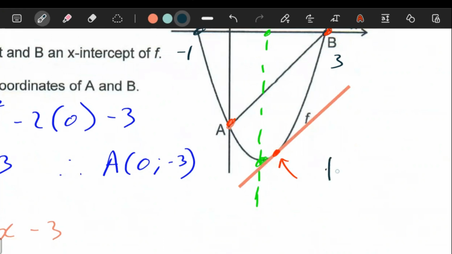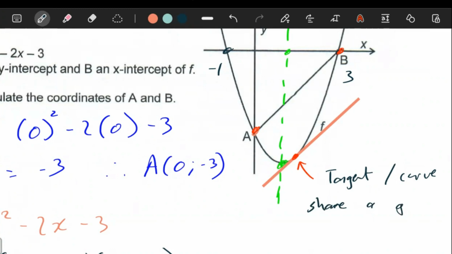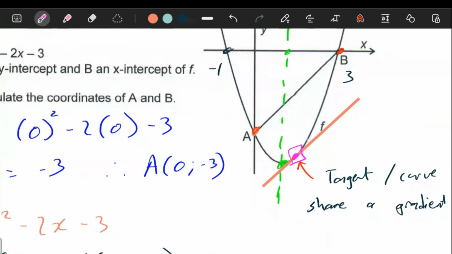Because remember, a tangent and the curve, which is our parabola, share a gradient, you see. So once you have the gradient of your line here, you can find out what the coordinate is at this particular point by putting that gradient into the gradient equation of the curve.